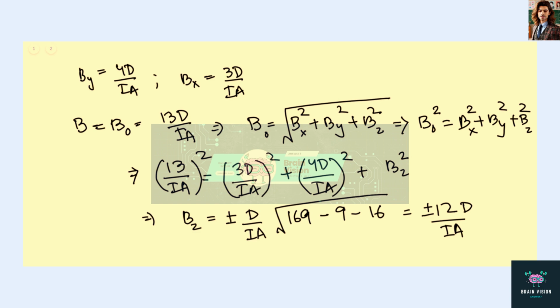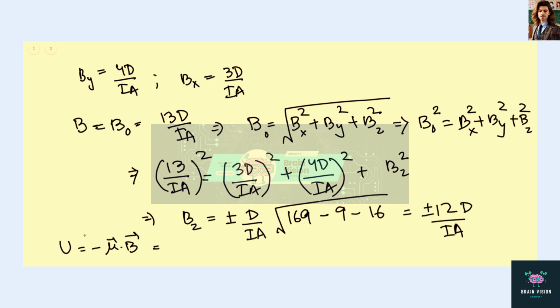And the fact that the potential energy is equal to negative mu dot B, and mu is negative, determines the sign of Bz. So now you can see we have two possible magnitudes for Bz, and U should be negative here.